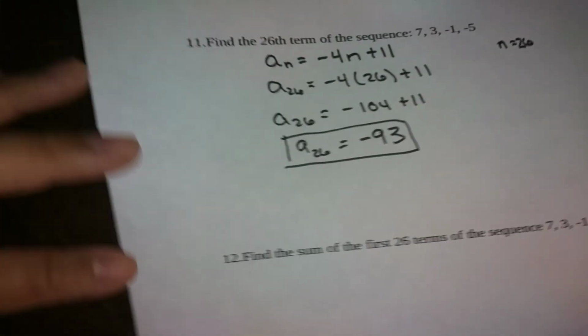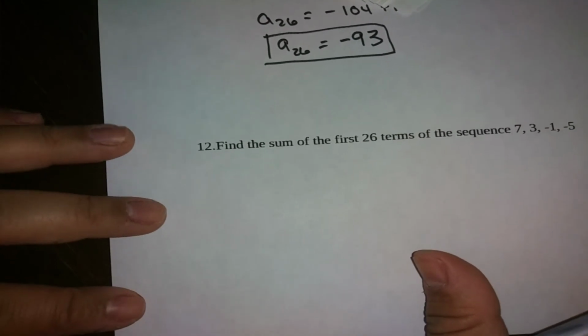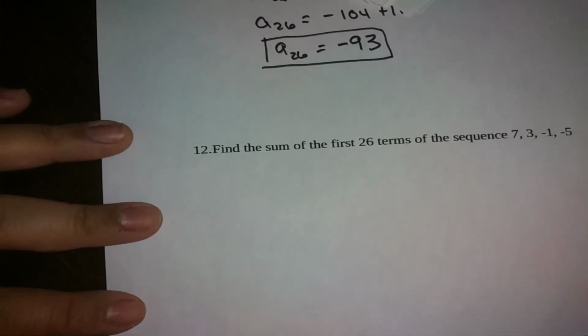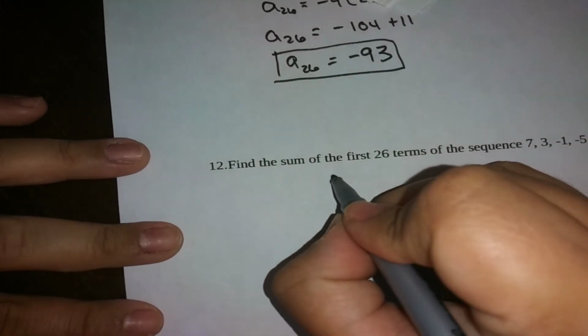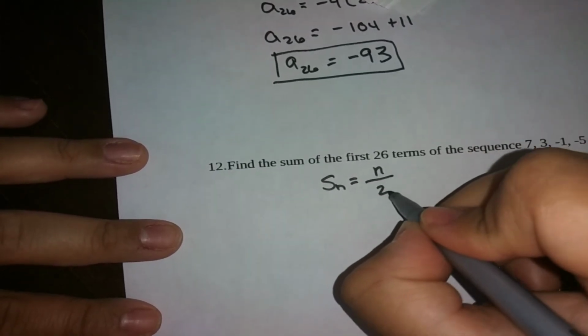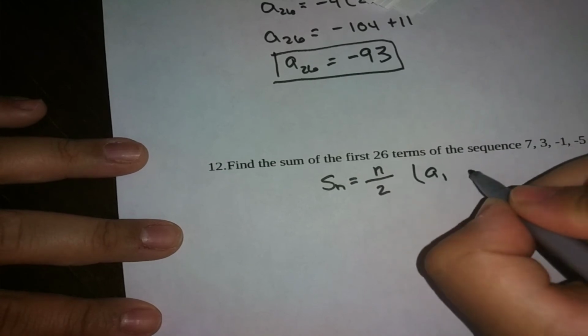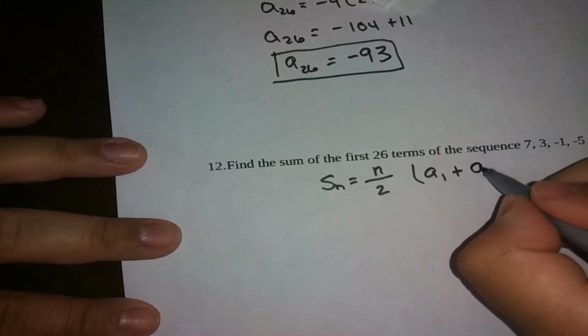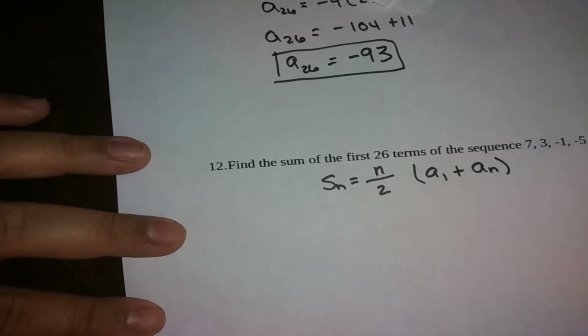And for the last one, it's wanting to find the sum of the first 26 terms. Well, let me go ahead and write down my formula. My s sub n will be n over 2 times the first term plus a sub n.